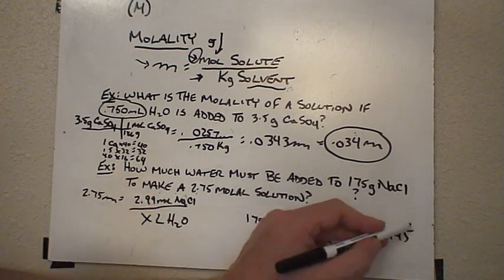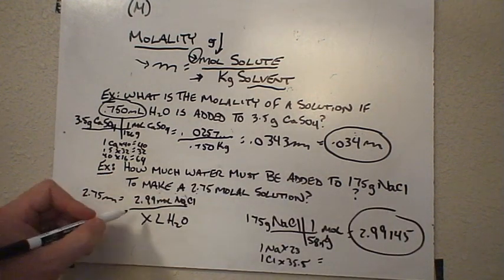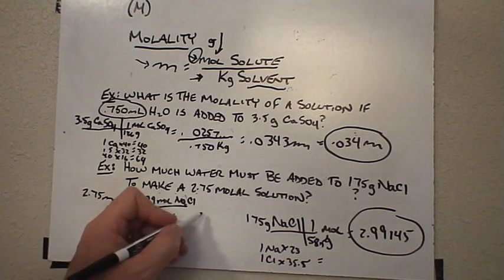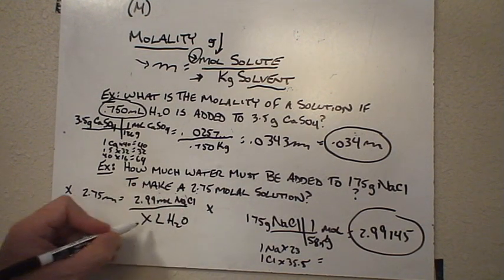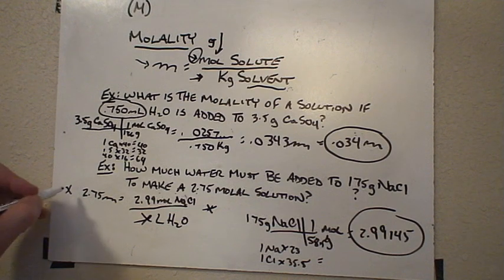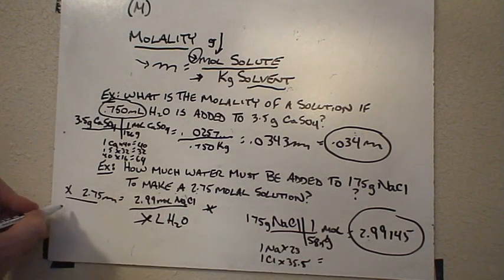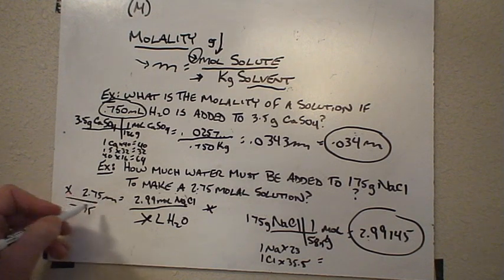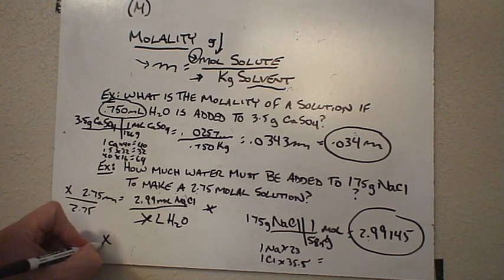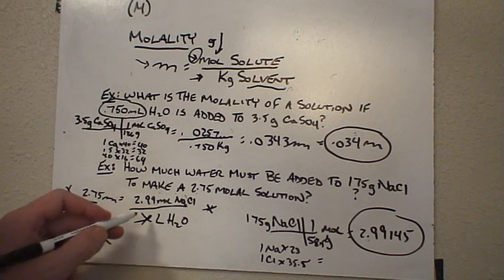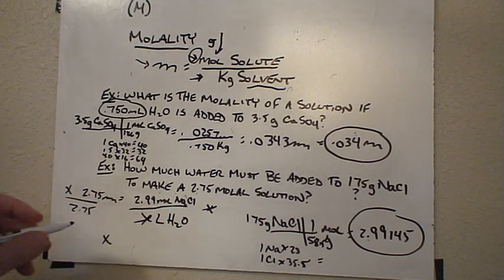Now, you can go ahead and keep this number in your calculator as well, because if I were going to get X by itself, I multiply both sides by X. That gets it out of the denominator. And then I'm going to take this answer that was in your calculator already, divided by your 2.75. That's what I do to get that by itself. So even though it's messy, I'm just showing you how this works. Keep that number in your calculator, then you don't have any rounding errors.